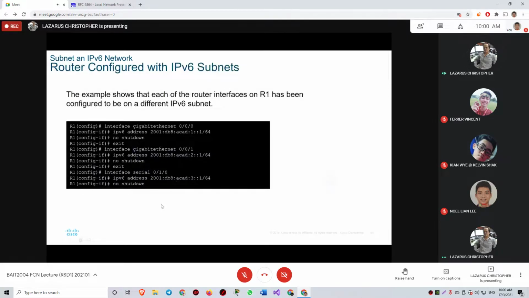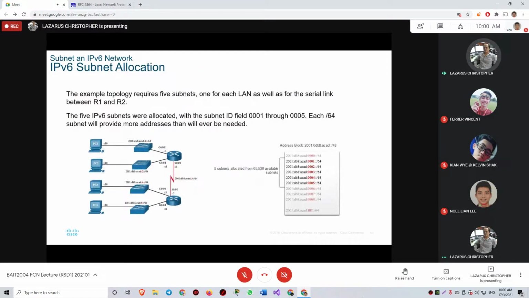Right. So in this example, we are looking at the device, router 1, which is not really indicated here. Maybe this is assumed to be router 1. But if you go to any of the routers, you need to assign the address, right?